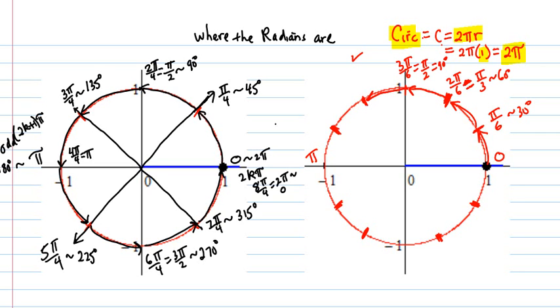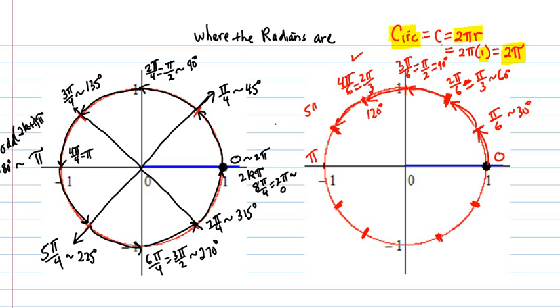Go another sixth, that's 4 pi over 6, which is 2 pi over 3, coterminal to 120 degrees. Go another pi over 6.